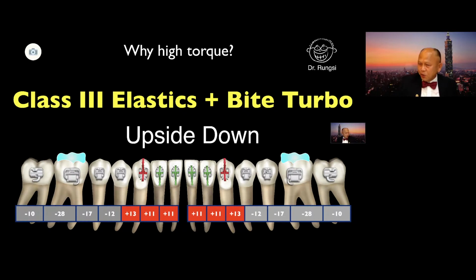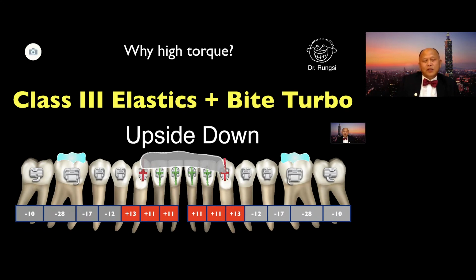Why? Because when I retract, I don't want to flare the lower incisor. I want to have lingual root torque in the lower incisor, because I'm going to use a lot of Class 3 elastics, Class 3 mechanics with biteramp right here.